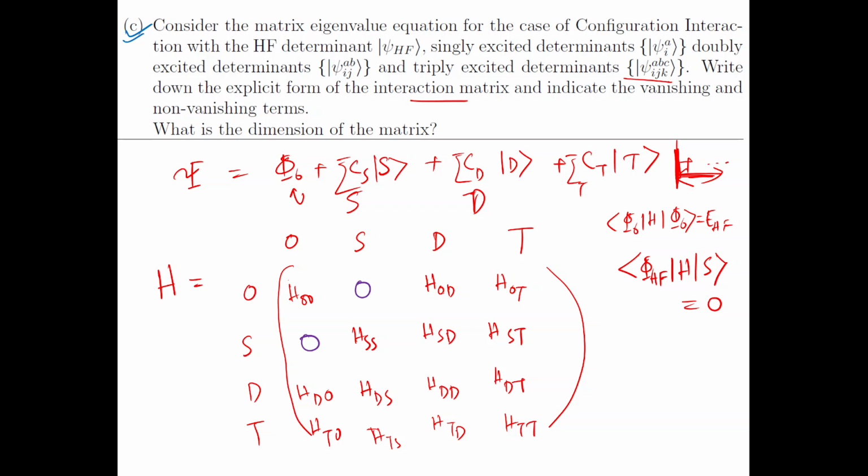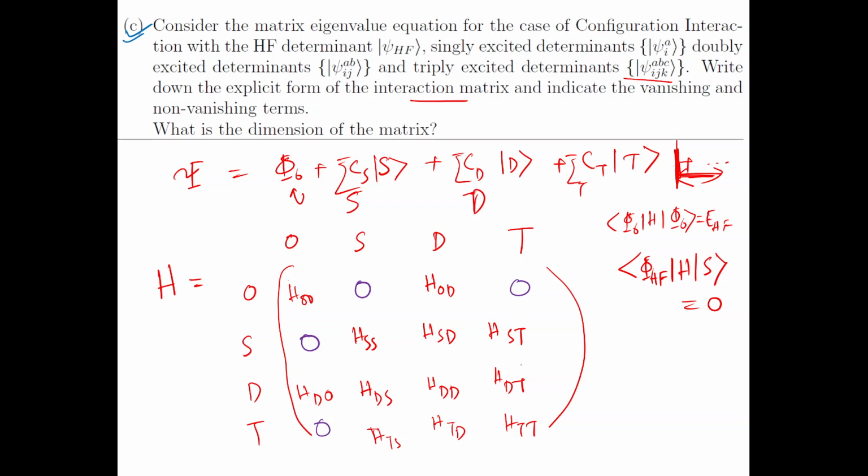Now this is zero D. There is a difference of two spin orbital electrons. And what about this zero T? There is a triple excitation. From the Slater rules, you have already noted that if there is a difference of more than two electrons, that will also be zero. So this will be zero. Similarly, this one will also be zero, right?